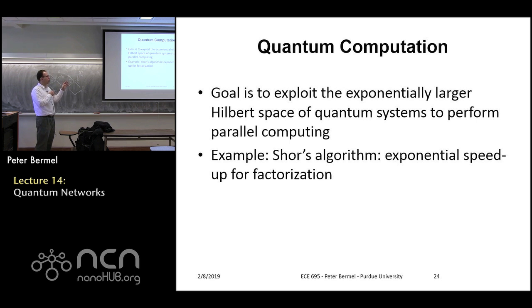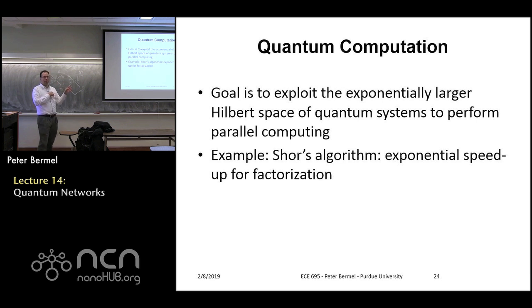But here, the way Shor's algorithm works, obviously I'm oversimplifying a little bit, is that it's essentially looking in parallel at all the possible factorizations. And so what would have taken an exponentially long time now takes polynomial time. So there's an exponential speed up. This in some way is solving these so-called NP hard problems in principle, at least one of them, right? And that obviously shows how powerful quantum computation can be.